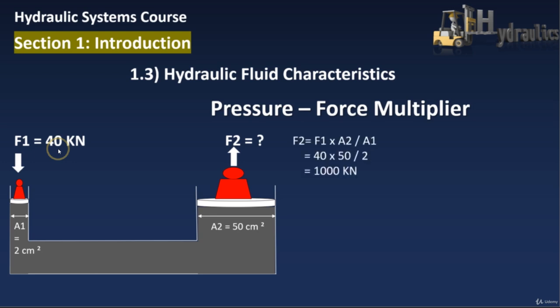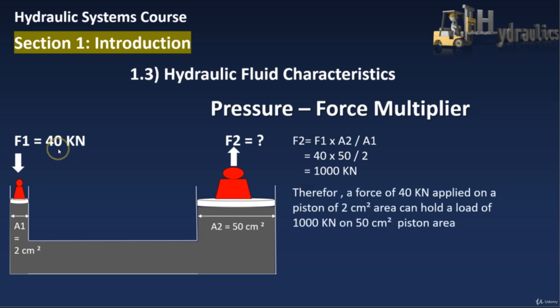If we use the same formula, where the pressure is everywhere equal, F2 equals F1 times A2 over A1, 40 times 50 over 2, which gives me 1000 kilonewton. Therefore, a force of 40 kilonewton applied on a piston of 2 centimeter squared area can hold a load of 1000 kilonewton subject to a piston area of 50 centimeter squared. Simple as that.